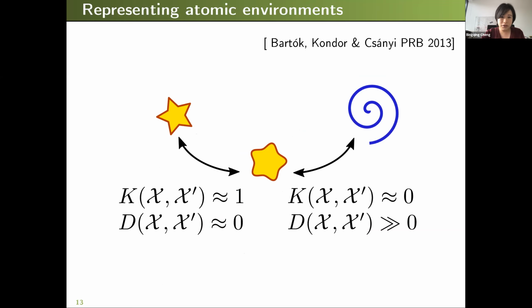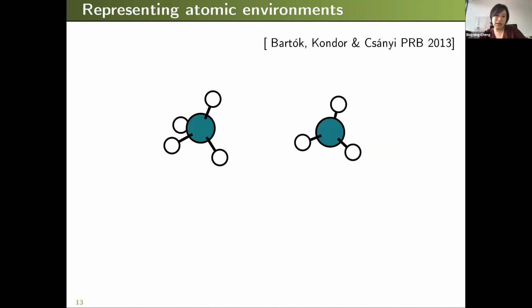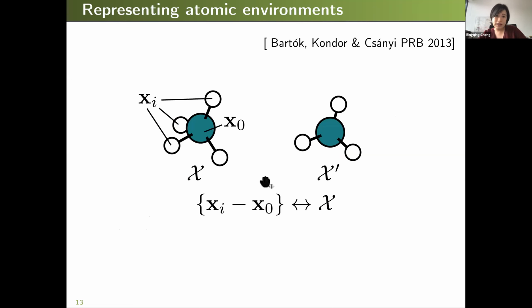And then from all of this, I want to move on to go a little bit deeper into the representation of the atomic environment. The idea is just that we need a similarity measurement. If we look at these two atomic environments here, they can be characterized by a list of displacement vectors of the neighboring atoms to the central atom.